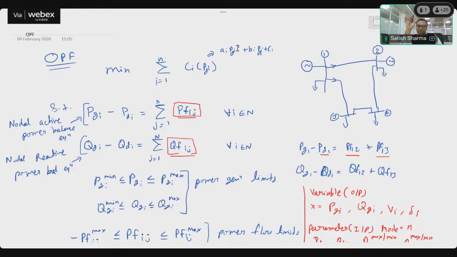So whenever we are writing an optimization problem, everything should be linked. The objective function should be such that whatever variables are in the objective function, those variables should be linked with each and every variable.